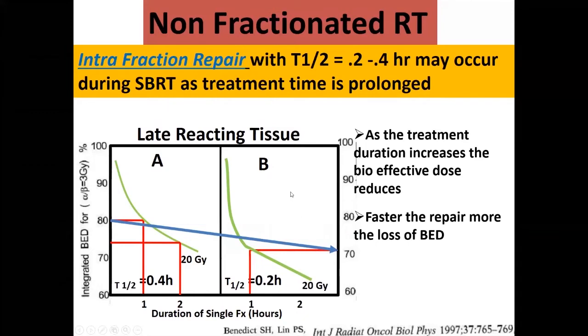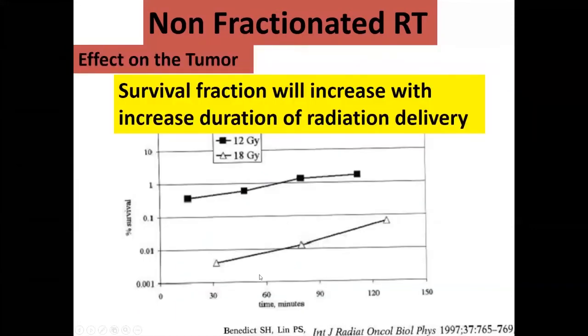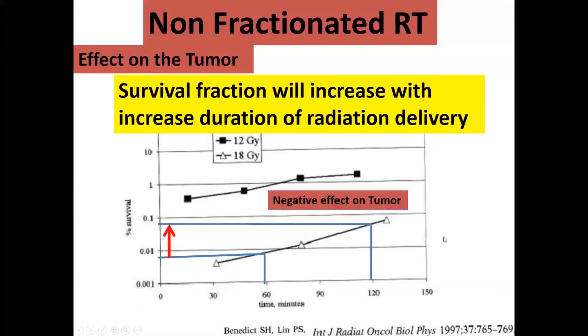So in relation to late reacting tissue, we can say that prolonged delivery of radiation in non-fractionated radiotherapy will have a positive effect on normal tissue. On tumor, what effect will it have? Negative effect. As the treatment delivery time increases, the survival fraction will increase, so it will have a negative effect on tumor.